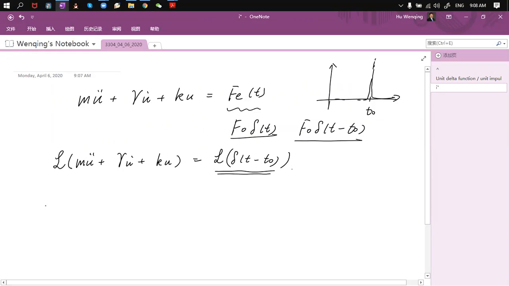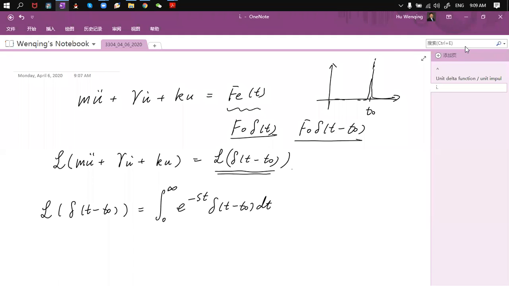So what happened last time, we proved that the Laplace transform of delta of t minus t0 is equal to what? The method we used last time is that we just apply the Laplace transform, so the integral of e to the power minus s t delta of t minus t0 dt, right? So what does it give you?